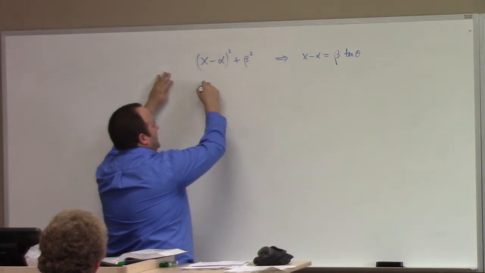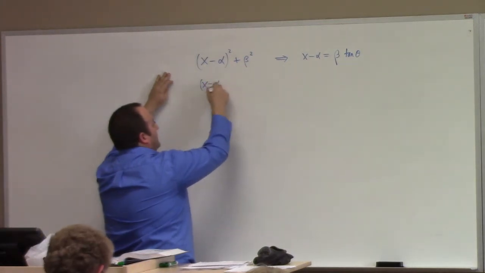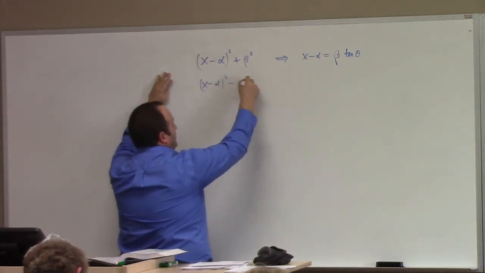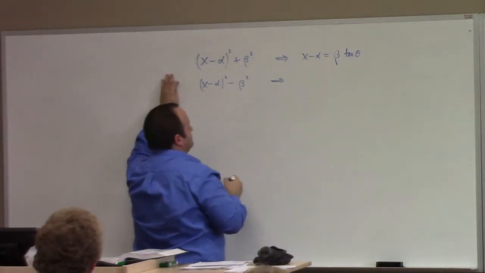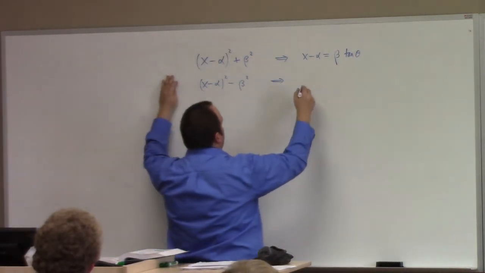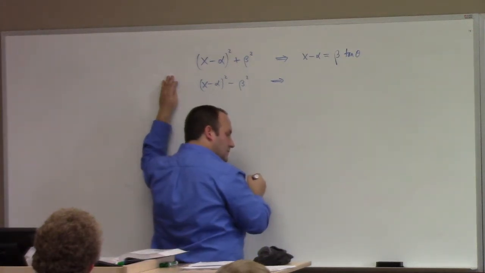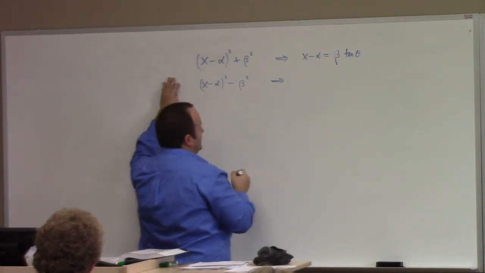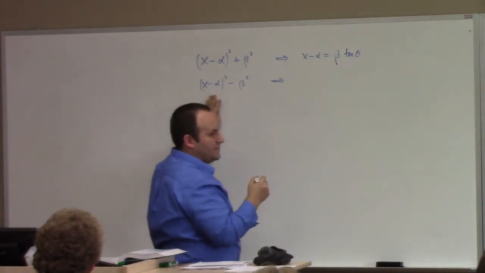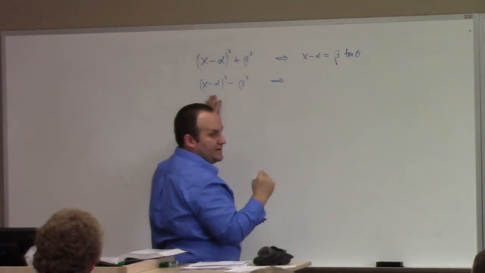And on the other hand, if we had something like x minus alpha squared minus beta squared, what substitution would we make? Sine? Because then I'd have sine squared minus 1, which would be minus cosine squared.